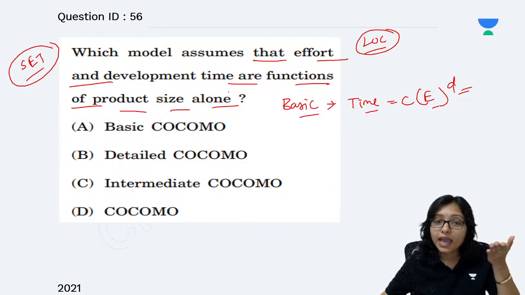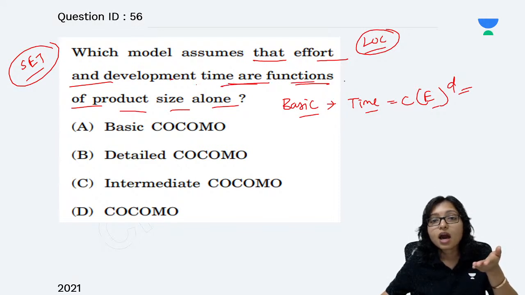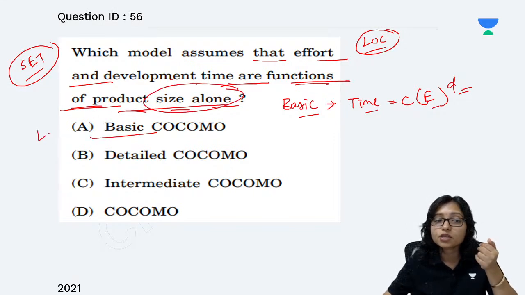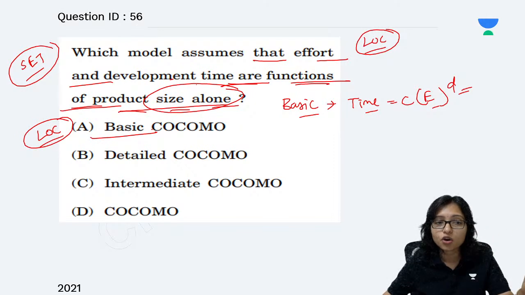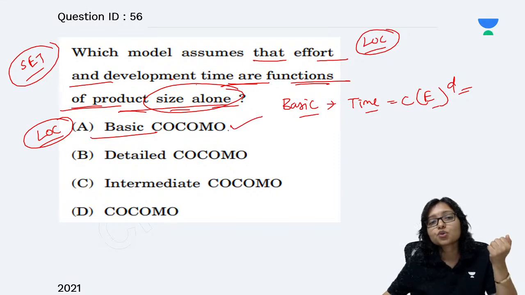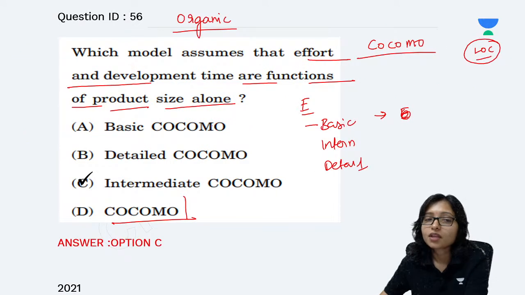So according to the question, effort and development time are functions of the product size alone, because basic COCOMO itself focuses on LOC, that is, line of code. It focuses only on the product size and nothing else.